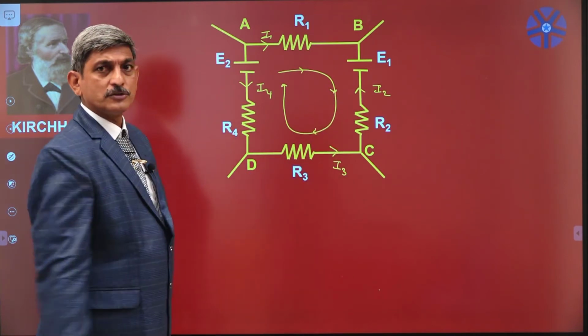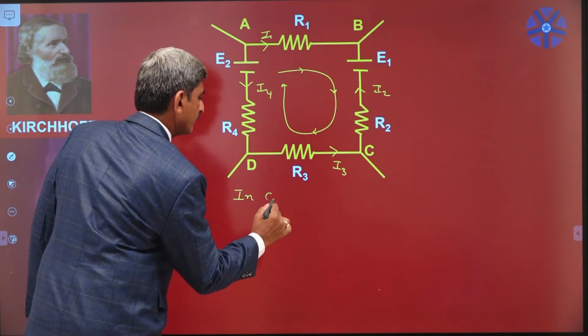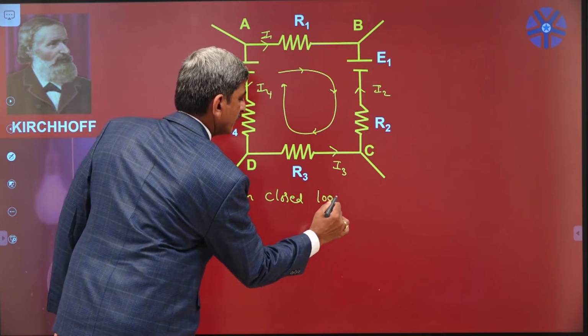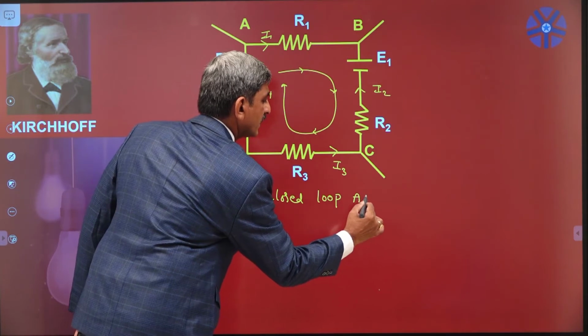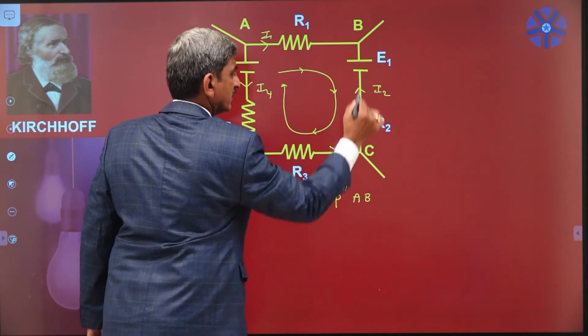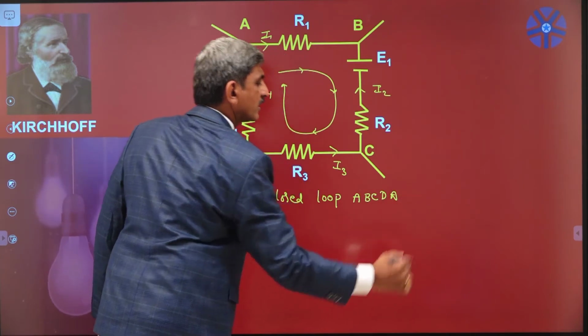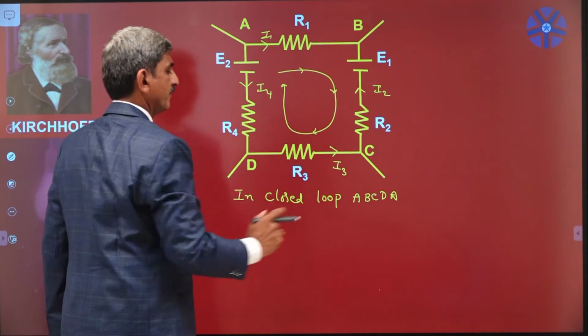So here what is the closed loop? In the closed loop, we start at A, then reach B, then C, then D, and finally come back to the point A. A, B, C, D, A.